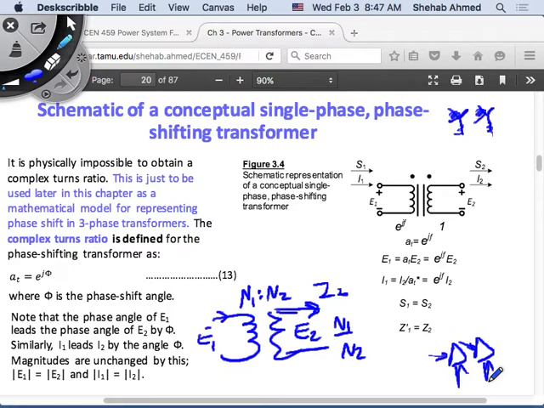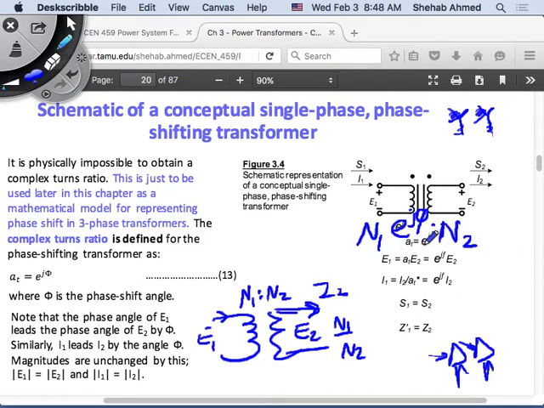So we will come up with a fictitious model for these star-delta transformers that looks the same, two windings, but instead of having a real number as a turns ratio, the turns ratio will be e to the j phi to 1, for example, or n1 e to the j phi over n2, right?